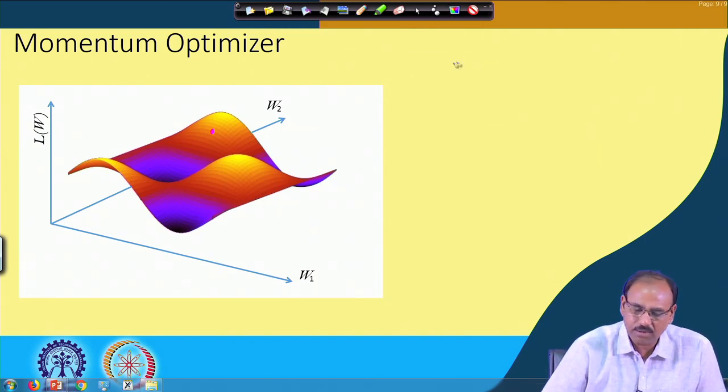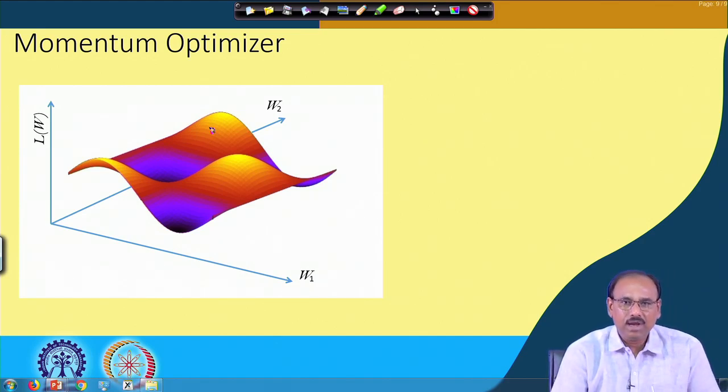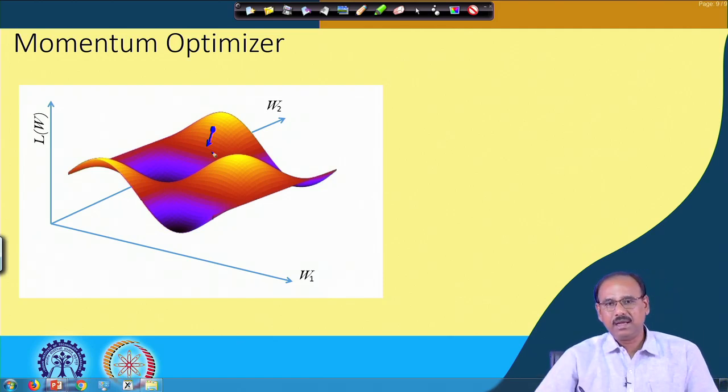Then you compute the gradient at this location, and the direction of the gradient is such that it falls along the valley and finally it should come to the minimum location.